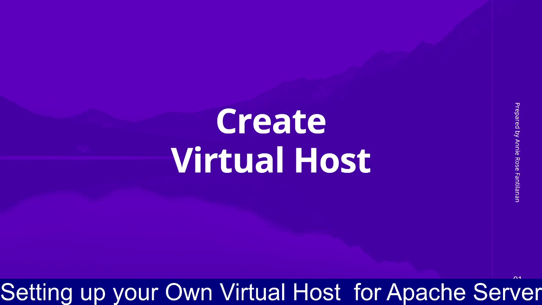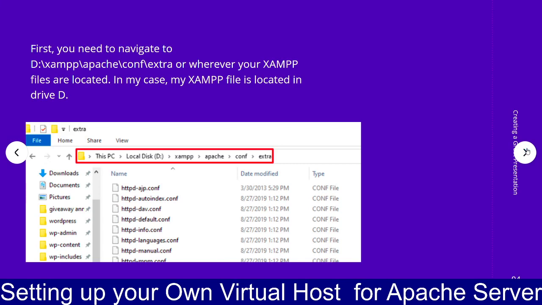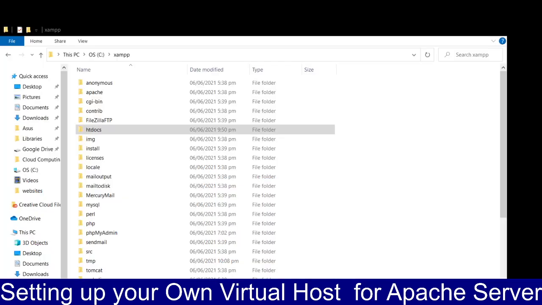So now that we have established our project directory, we must then create our virtual host. First, you need to navigate to this directory for you to locate the file that you need to edit. In my case, this is my XAMPP directory. You go to the directory of XAMPP, then you must locate the Apache folder.